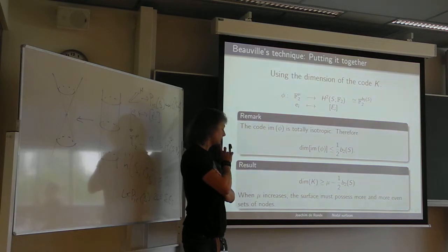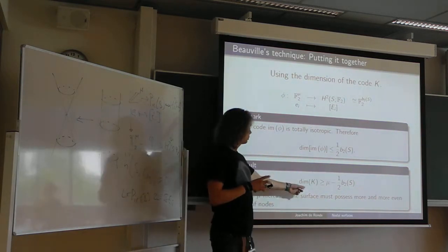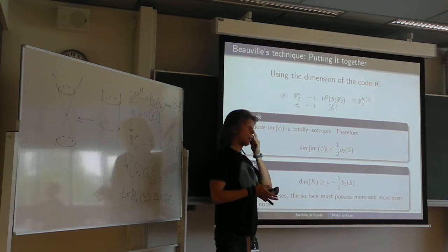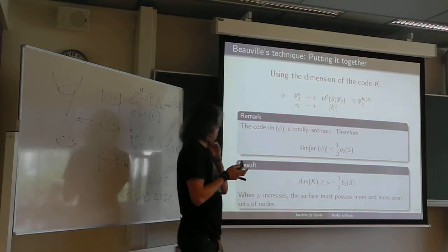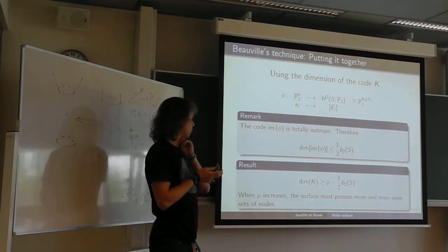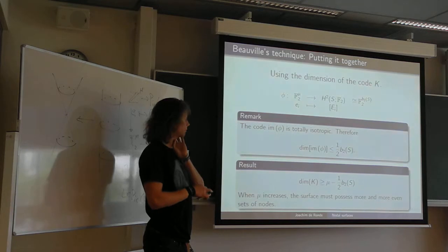And we let mu increase, so we just allow more and more nodes. At some point, this kernel will become non-trivial. And if we add nodes from that point on, it will increase in dimension. So when mu increases, the surface must possess more and more even sets of nodes.